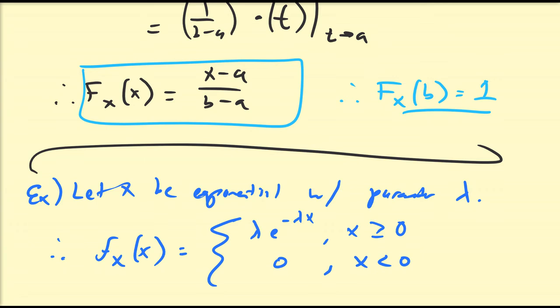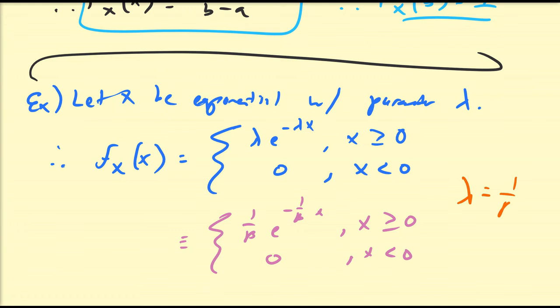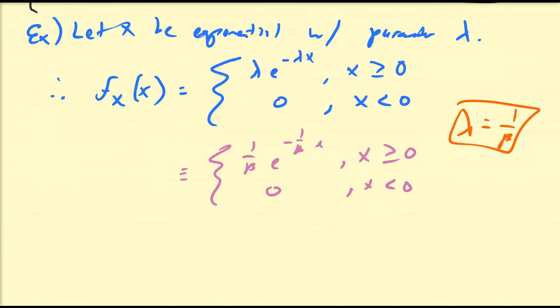Remember that this is equivalent to another form, 1 over beta e to the minus 1 over beta x for x greater than or equal to 0, and 0 for x less than 0, where the connection between these constants is lambda is going to be equal to 1 over beta. Different context, different meaning.